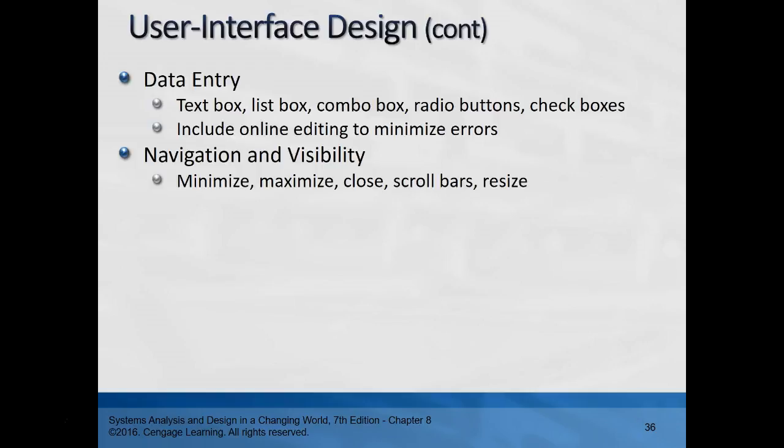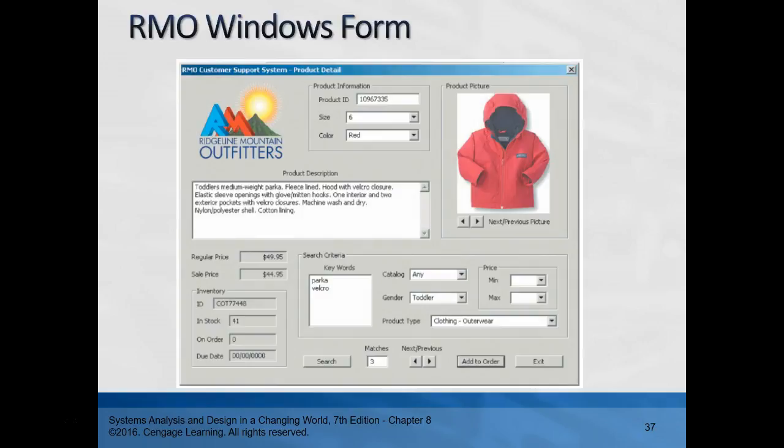So, making sure that this appears very functional. Here's a little better example then. Here's our customer support system. This one's got product pictures, and it looks like it has the ability to have multiple pictures for an item.